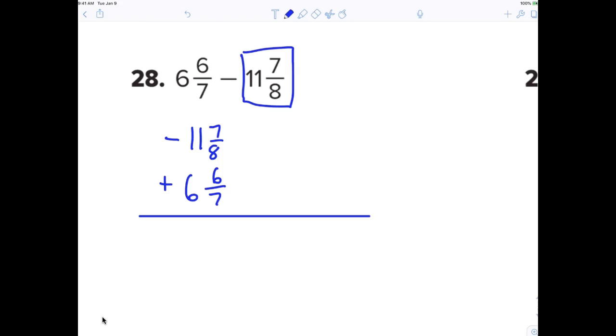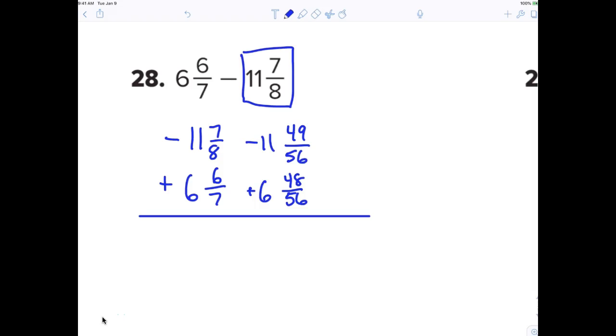Okay, so the denominators are going to go to 56. So 11 7/8 will become 11 49/56. And then 6 and 6/7 would go to 6 and 48 over 56.